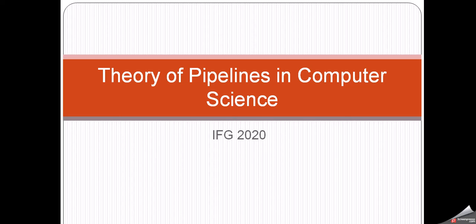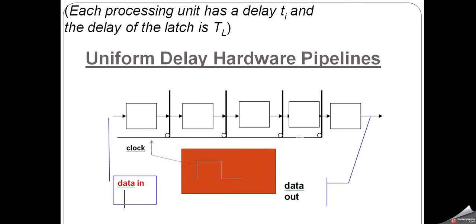So here we go. Uniform delay hardware pipelines. What's going on here is that each of these rectangular blocks represents specialized processing of data.